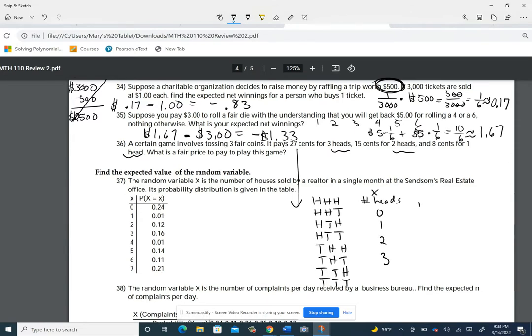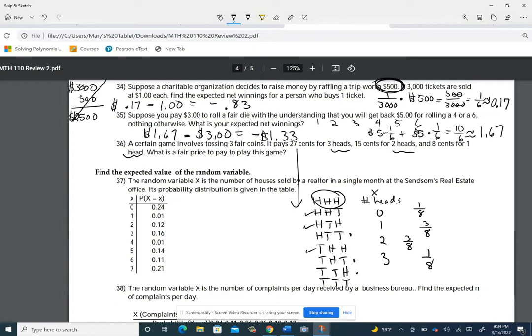No heads is 1 out of the 8. 1 head would be 3 out of the 8. 2 heads would be another 3 out of 8. And then all 3 heads would be just 1 out of 8.